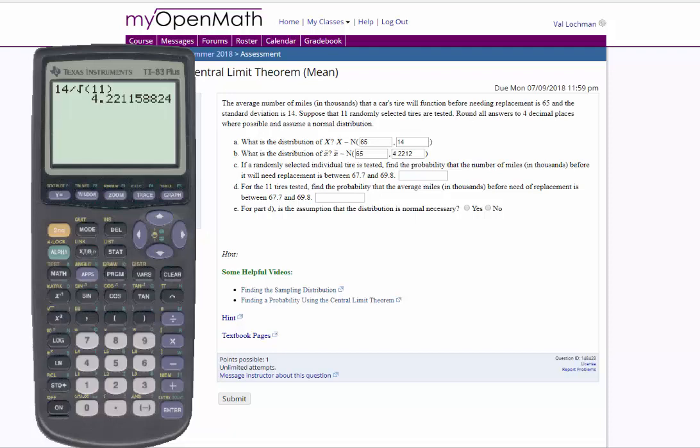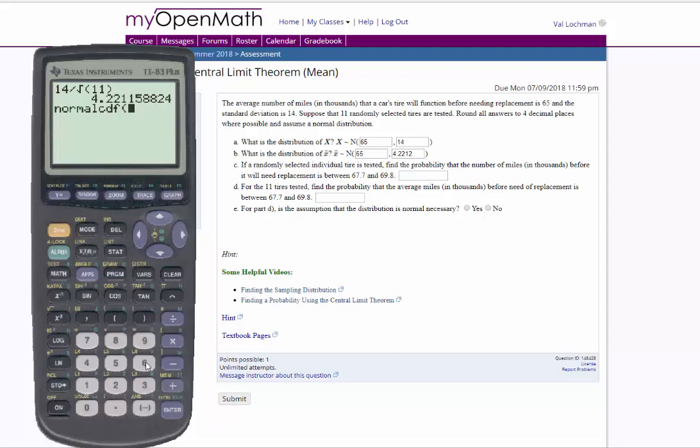All right, let's answer the next 3 questions. If a randomly selected individual tire is tested, find the probability that the number of miles in thousands before it will need replacement is between 67.7 and 69.8. Okay, one tire. So we're going to go to second variables, and we choose in command 2 normal CDF, and the syntax for calculator is lower limit followed by upper limit, mean, and standard deviation.